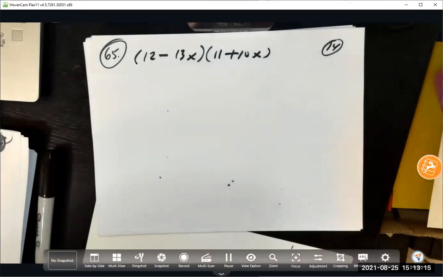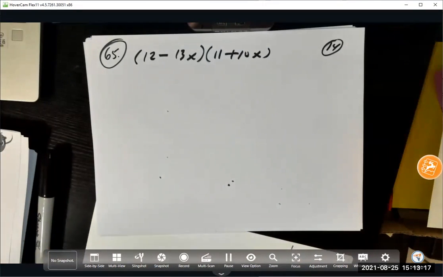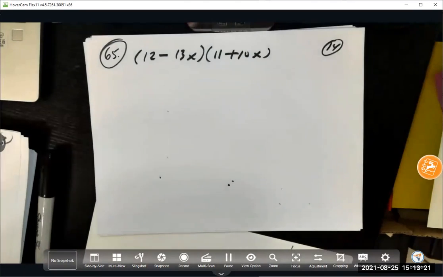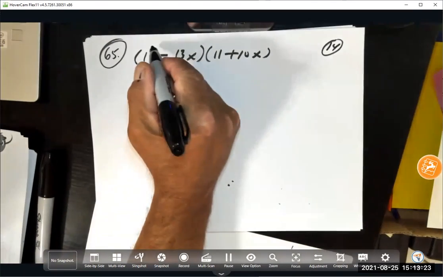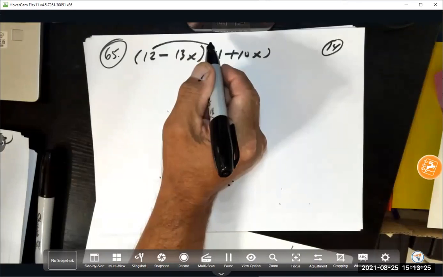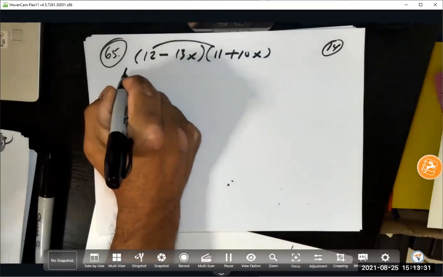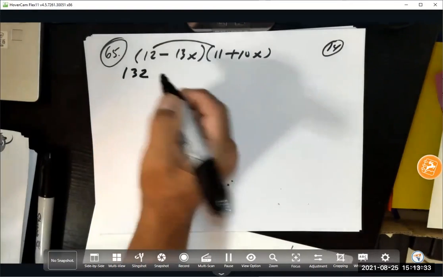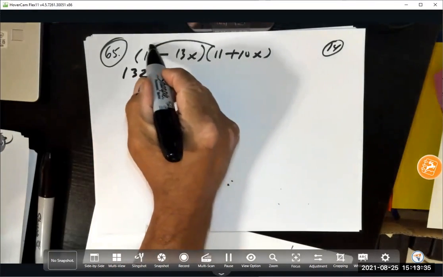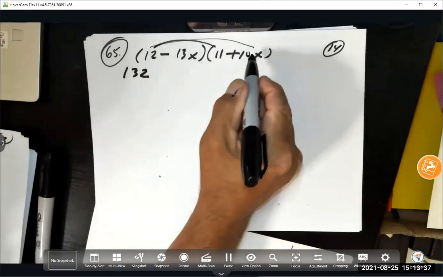All right, so there's a problem right there. 12 minus 13x and 11 plus 10x. So ready? 12 times 11. Calculator. Do it in calculator. Don't do it in your head. 132. Ready? 12 times 10x. Calculator.